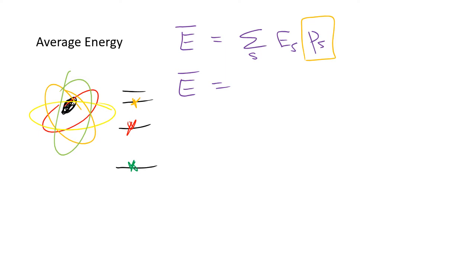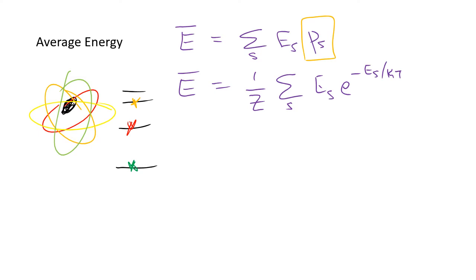So we can rewrite this as 1 over the partition function, times the sum over all configurations of the energy in that configuration times e to the minus energy of that configuration over kT, okay, making use of the Boltzmann factor.